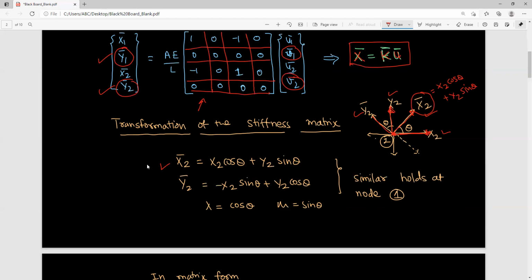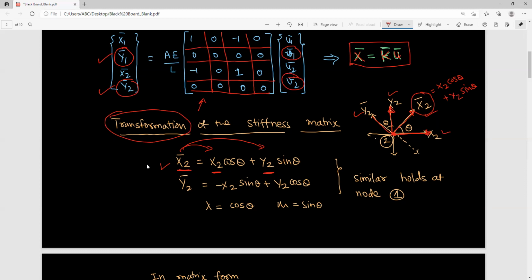You can see here the left side are the forces in the local coordinates, whereas the right side are the forces in the reference coordinate system. So we are able to relate these two. This relationship is required, and you will see that finally we get our transformation matrix from this.